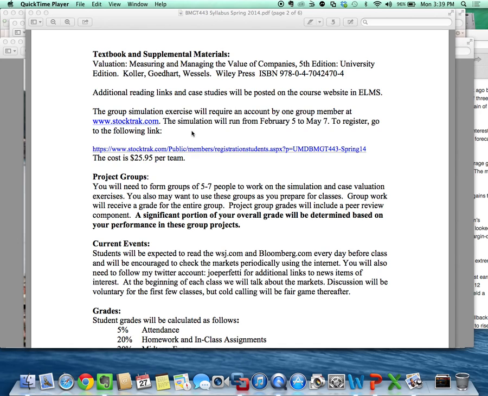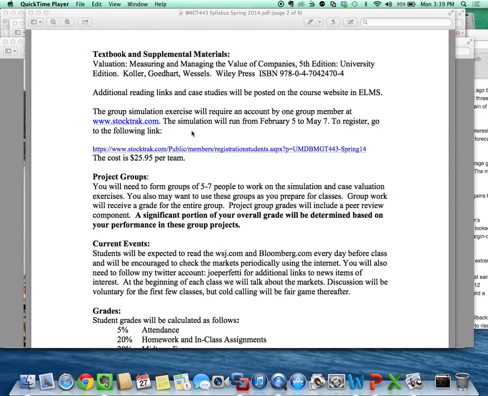On May 7th, you will be scored. The team with the best performing portfolio gets the best grade. The team with the worst performing portfolio gets the worst grade. It's actually the exact way you'd be doing it in the real world. The difference is they would fire you. But other than that, it's very competitive.